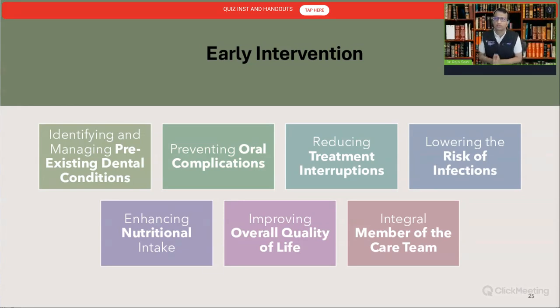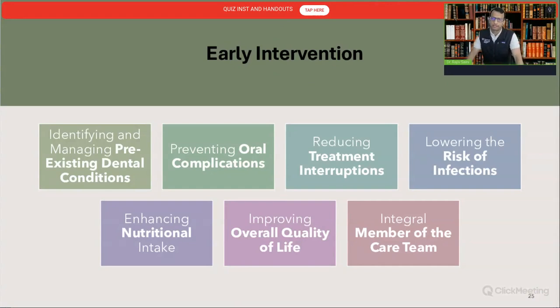Also, it will lower the risk of opportunistic infections, enhance nutritional uptake if primary dental treatment is given beforehand, and overall improve the quality of life.